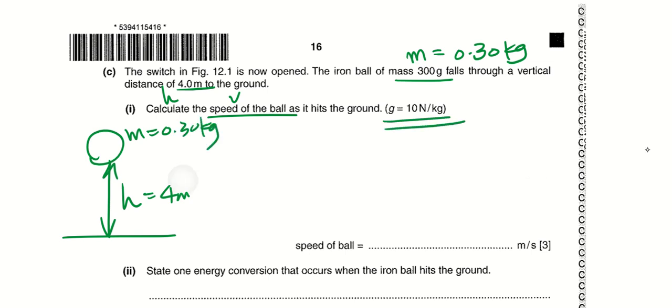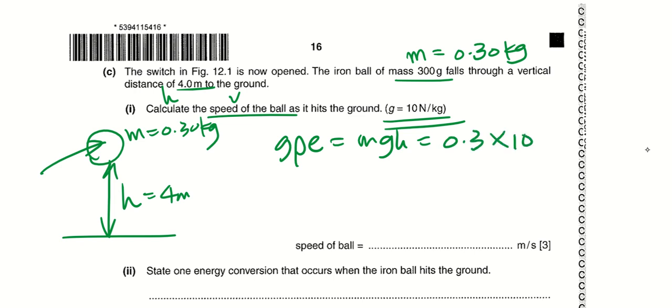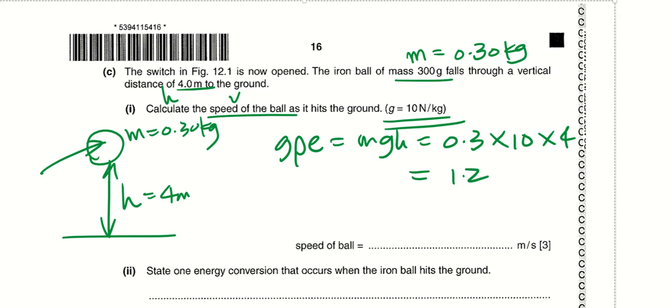That means I can actually calculate the amount of GPE at this position, equals mgh, equals 0.3 times 10 times 4. I will get 12 joules.